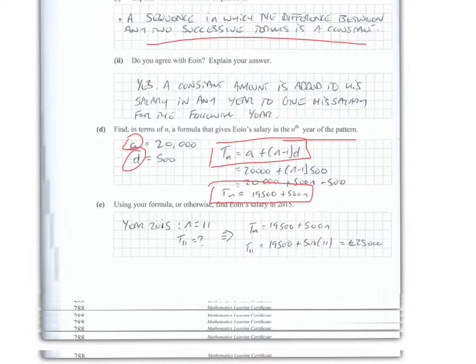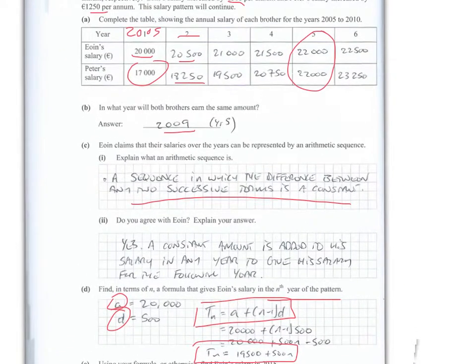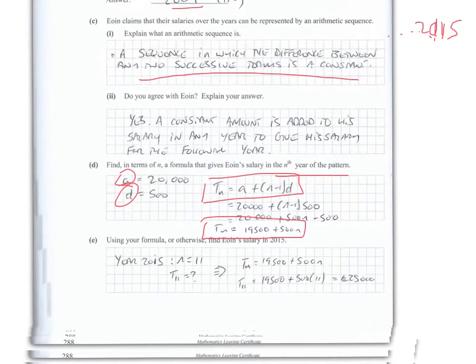So you have to go back to your table and realise that 2015 would be the 11th term. So knowing that, you know that your n value is 11. So you're looking for T11. You have the formula, and you find that it's 25,000.